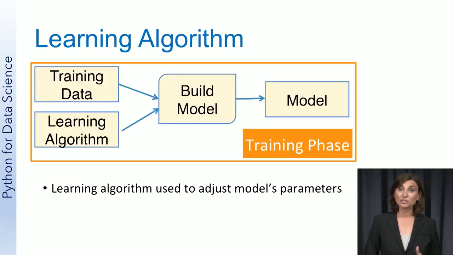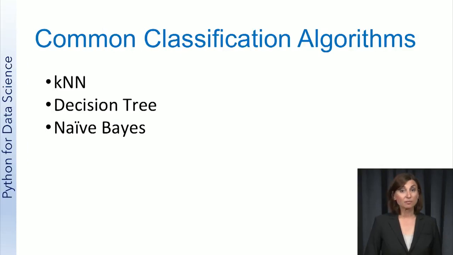A classification model adjusts its parameters to get its outputs to match the targets. To adjust a model's parameters, a learning algorithm is applied. This occurs in the training phase when the model is constructed. There are many algorithms to build a classification model, including KNN or K-nearest neighbors, decision trees, and naive Bayes.